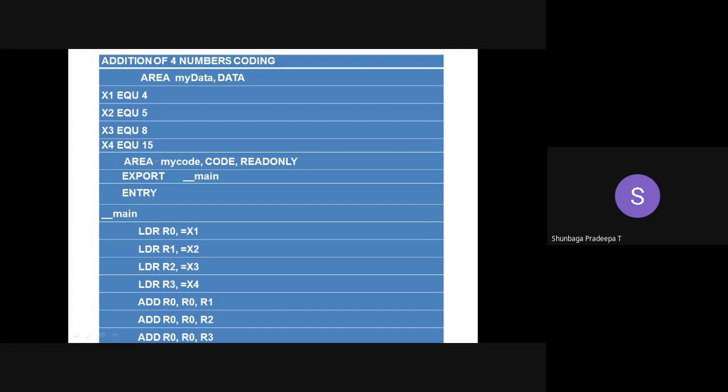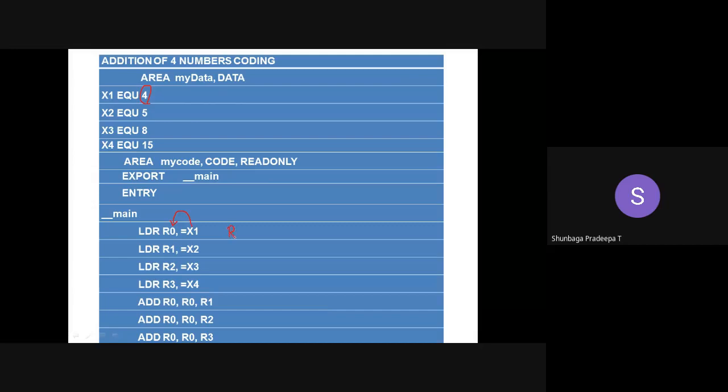Next we are assigning the variables first, and giving our input values 4, 5, 8 and 15. Next in your main coding, we start with the LDR instruction. So LDR R0, =x1 means the content in x1. What is the content in x1? 4. So this 4 will now be loaded into R0.